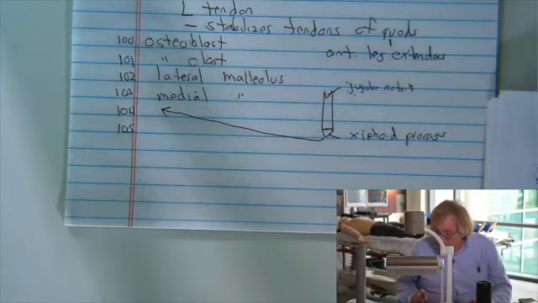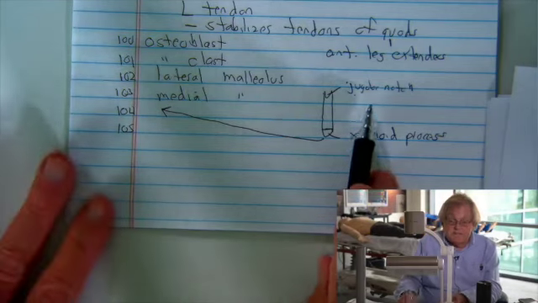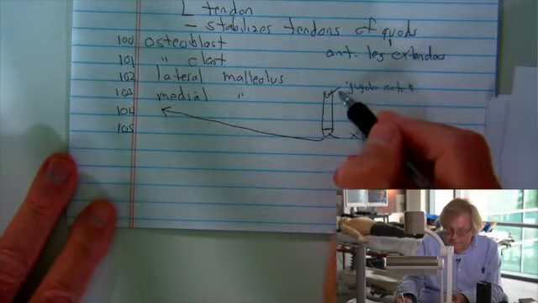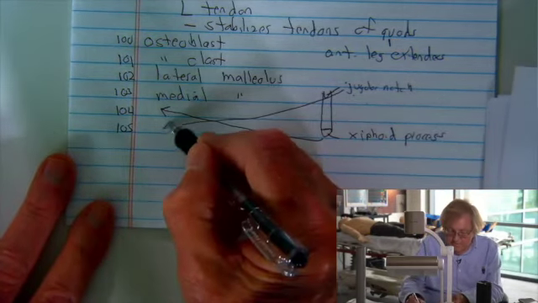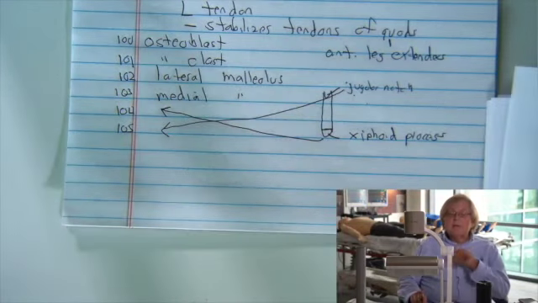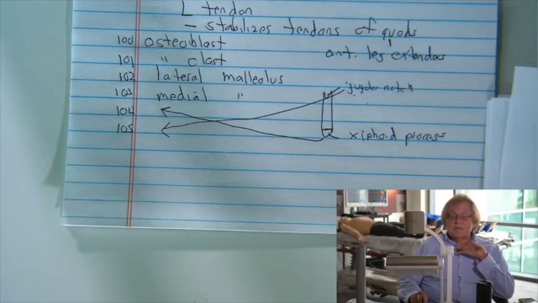105 is the superior breastbone process. Well, that's your jugular notch or suprasternal notch. If you feel at the top of your neck right here, you can kind of feel a V-like indentation. That's going to be your suprasternal notch.